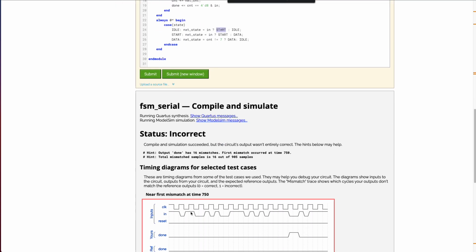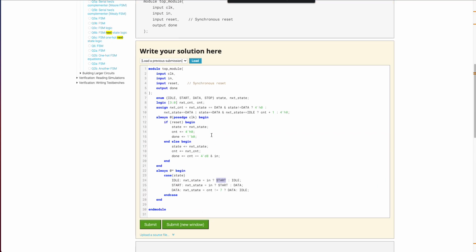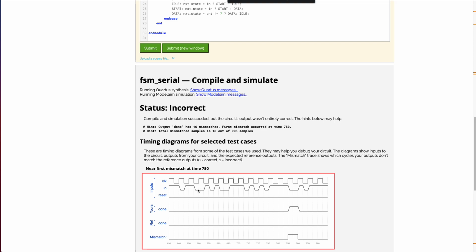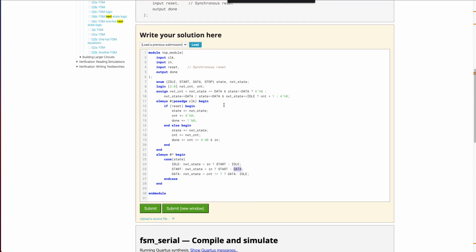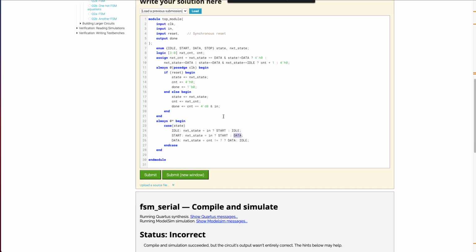So if I'm at idle and this in, then the next state is start. And if my next state is start, then this is not true, this is not true, and this is not true. So it should just be 0. And this is 0. So state equals equals, so then I should go to data.